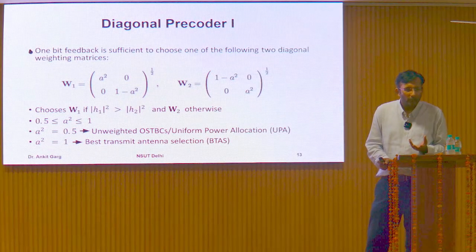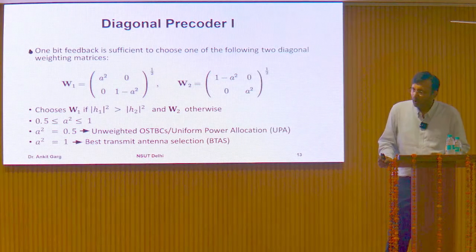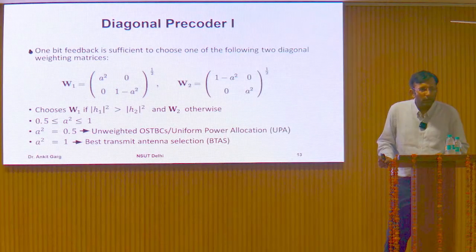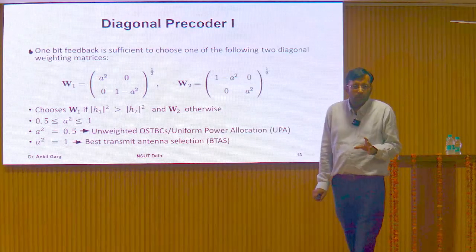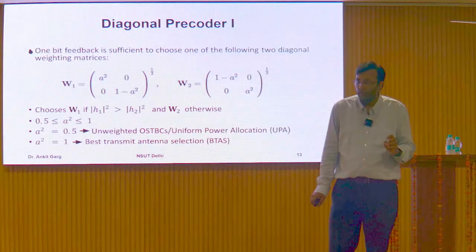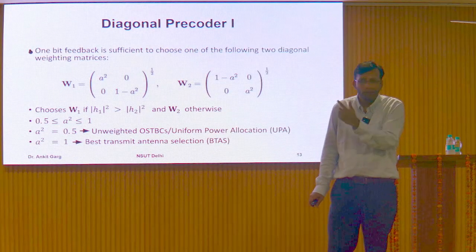Like in a stock market, if you have a portfolio, X1, X2, X3, if you have 3 shares, and if you have 120 rupees with you, you would invest 40 rupees in each. So it would make a uniform power allocation, isn't it? So what do you think?